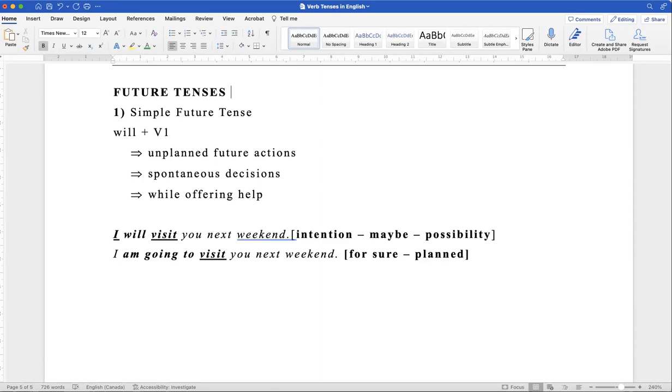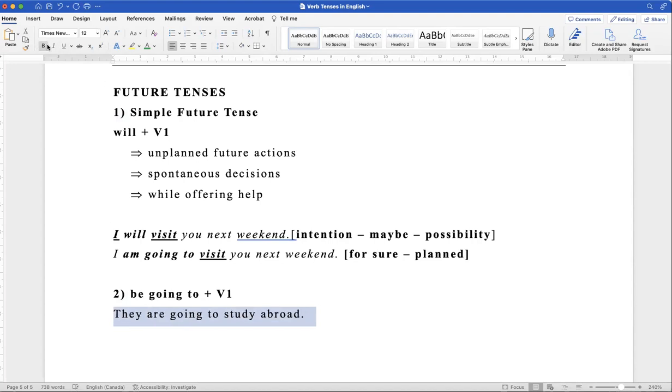Okay, and we have, again, be going to future, as I gave in the example here. Here we use verb 1. So, they are going to study abroad.